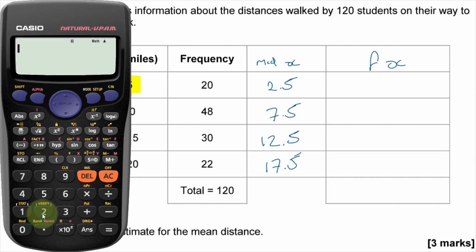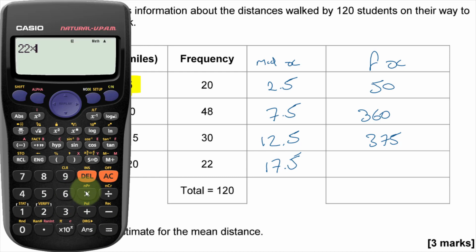Okay, once you've got the mid x, then we can work out f times x. So grabbing the calculator, 20 times 2.5, that gives me 50. 48 times 7.5 is 360. 30 times 12.5, 375.